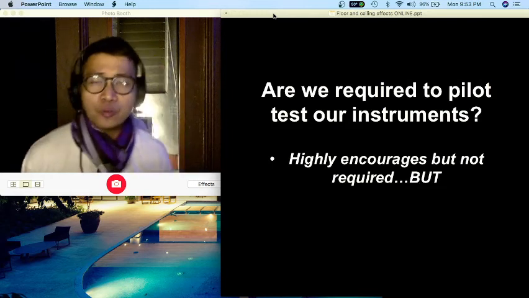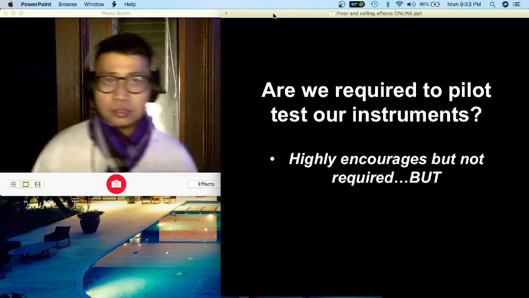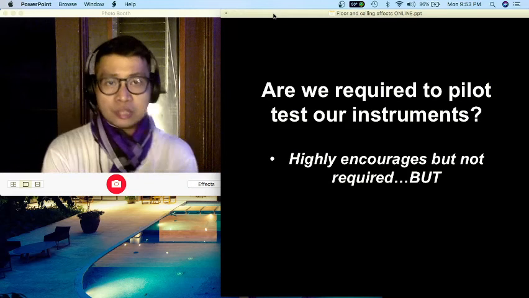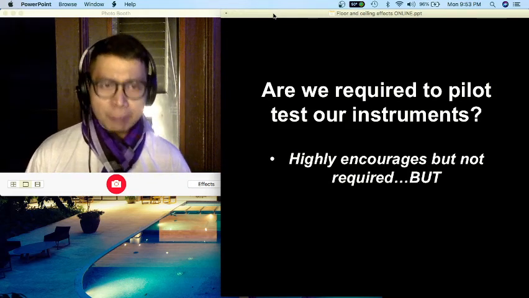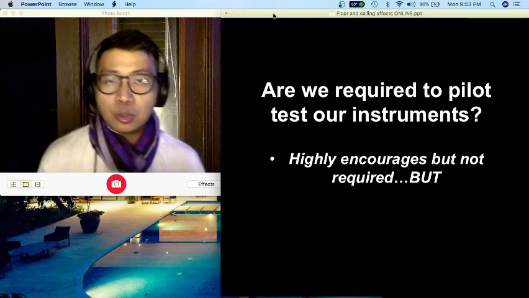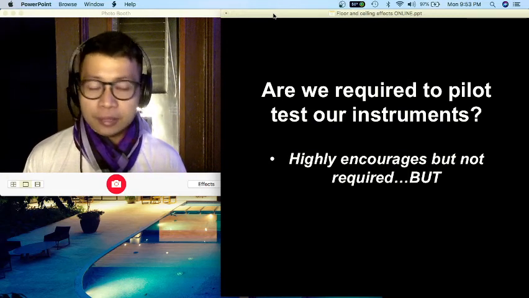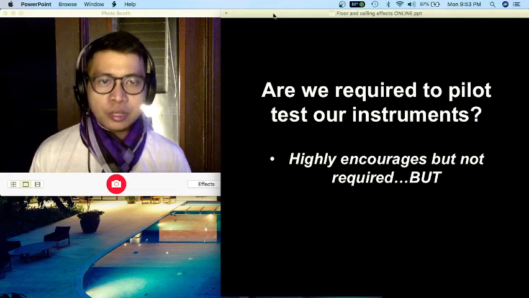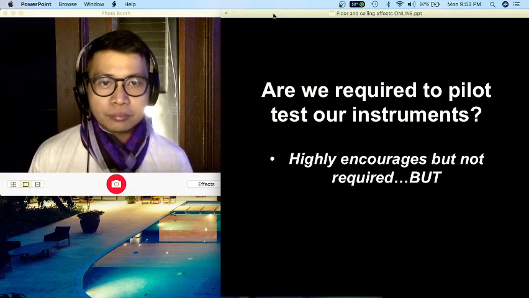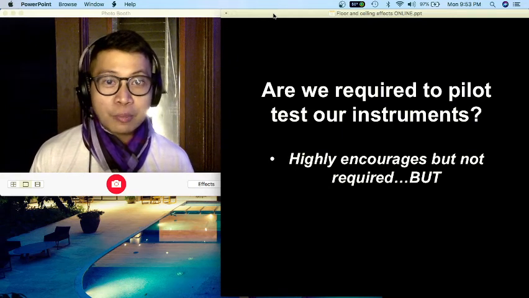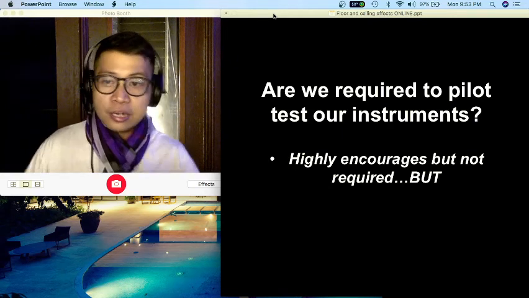Now, I know a lot of you are asking me, given this discussion about floor and ceiling effect, sir, required ba kami na i-pilot test yung aming instruments to make sure na walang floor or ceiling effect? My answer to that question is, I highly encourage it. Sorry, no, this is typographical. Dapat ito highly encouraged, no?